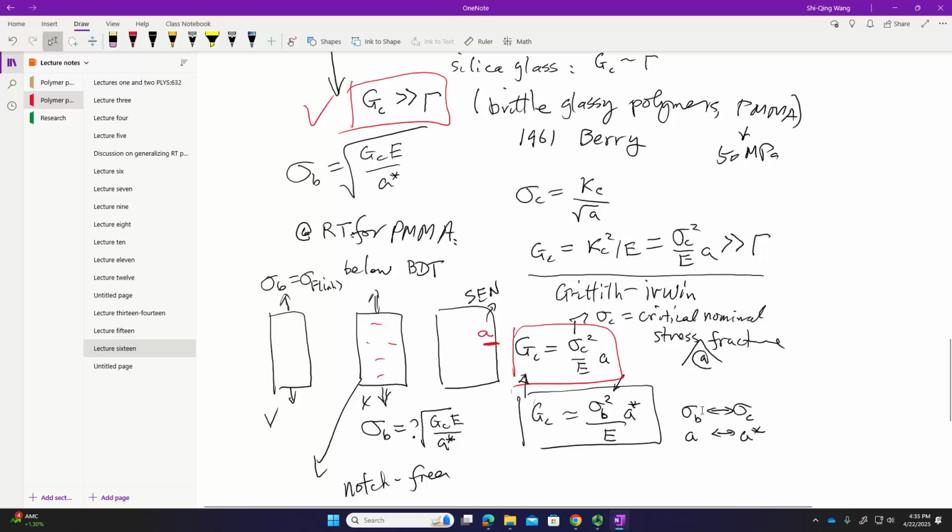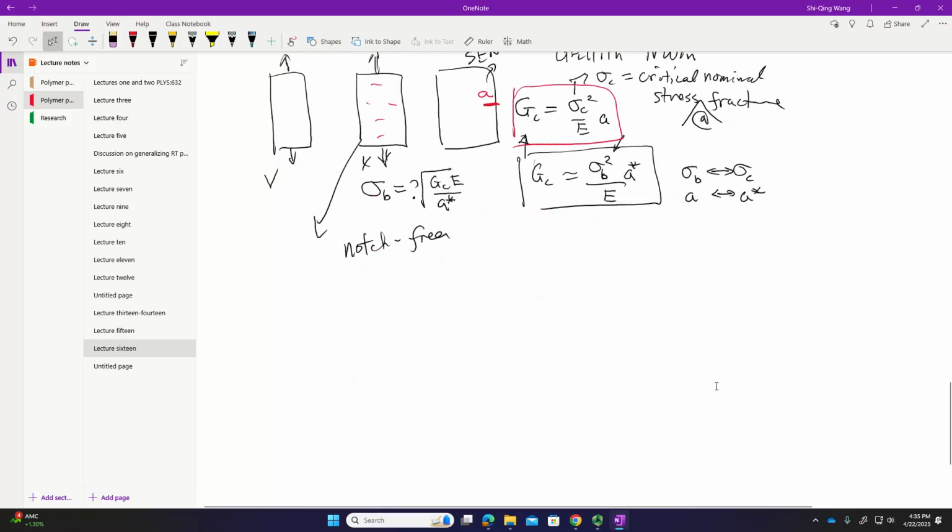Let me further emphasize and give you a partial answer already about this trouble of GC much larger than gamma.